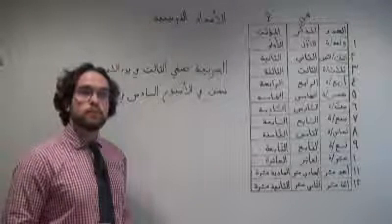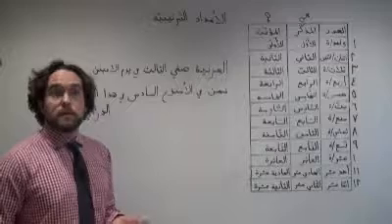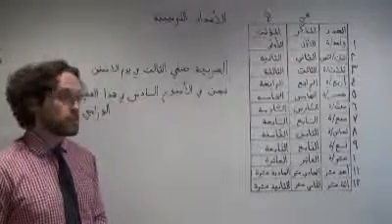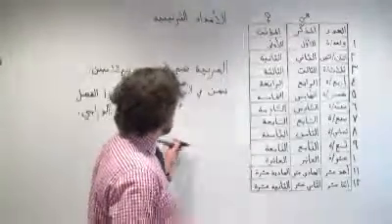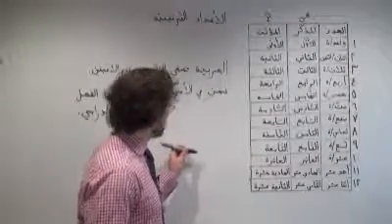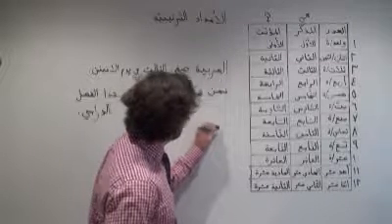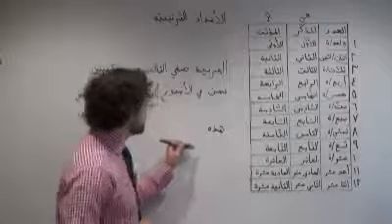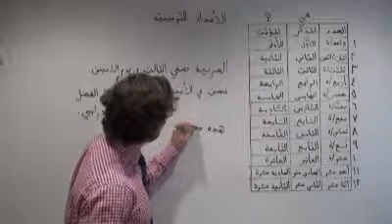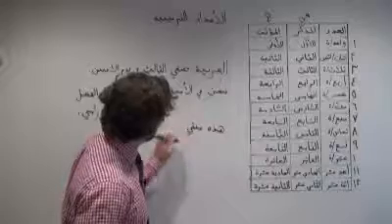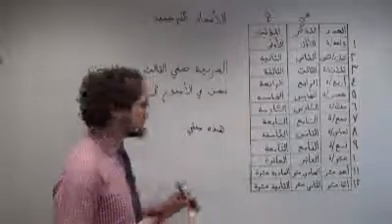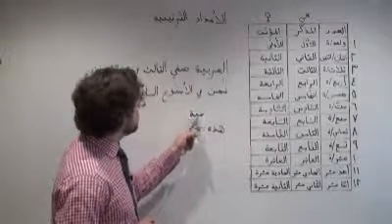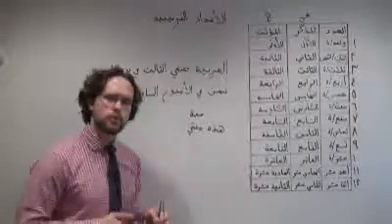Or if we wanted to say, I am in my 4th year at the university, or this is my 4th year at the university, I could say, هذه سنتي, my year, my 4th year. سنة, we remember, is a word that has a ta marbuta at the end, so it's grammatically feminine.